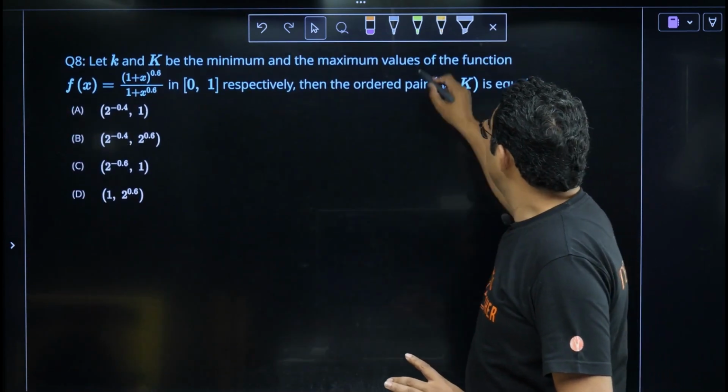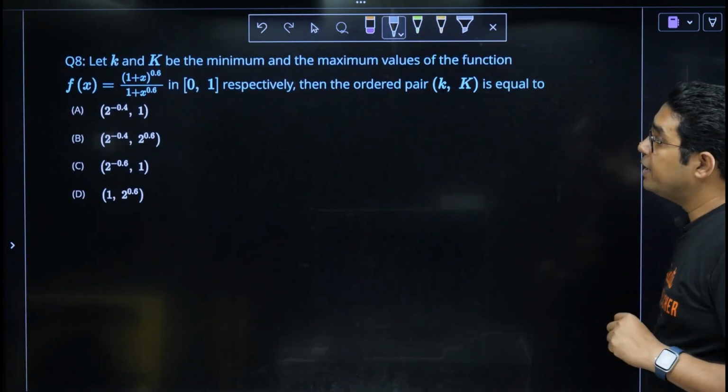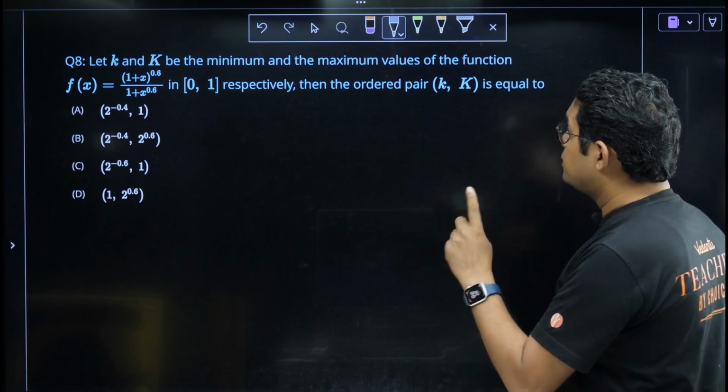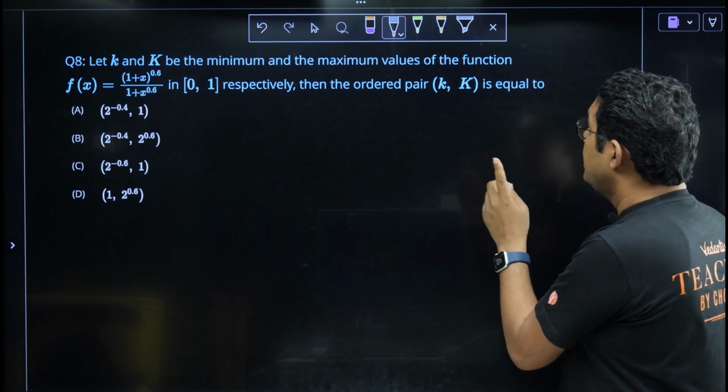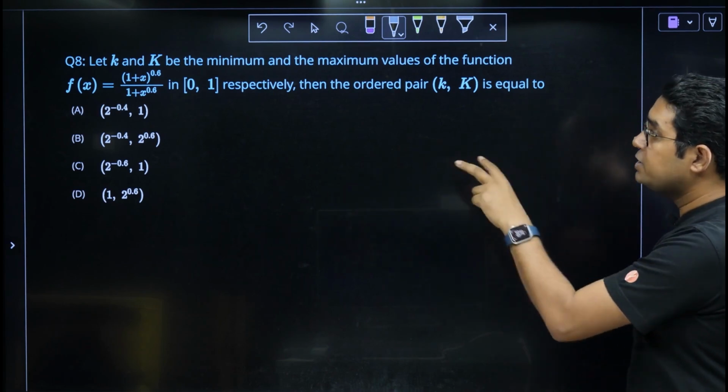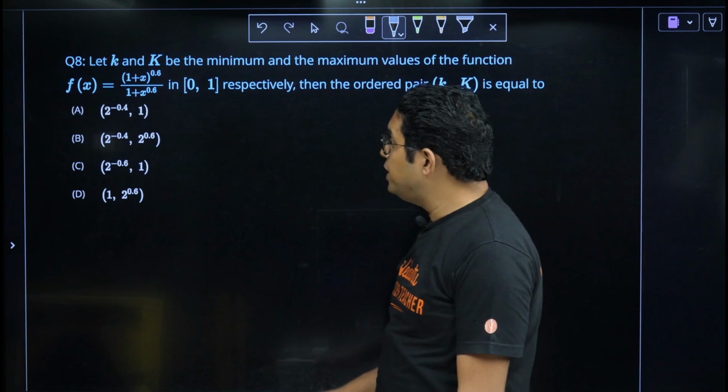Question number 8. Here we are given small k and capital K are the minimum and maximum value of the function in the closed interval 0, 1 respectively. Then the ordered pair of small k, that is the minimum value, and capital K, the maximum value, is equal to. Now to do this question, I think we need to do the differentiation.